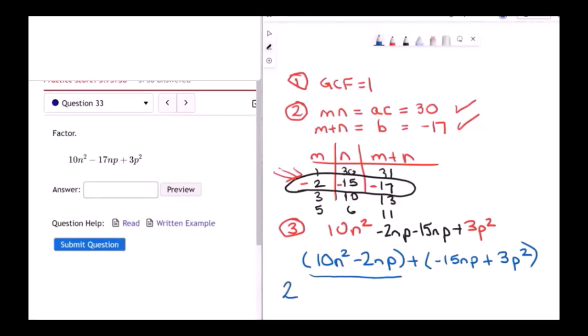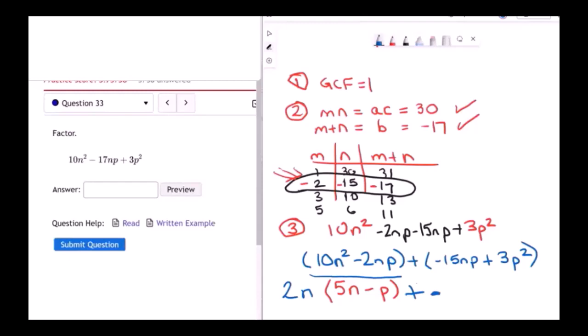Don't forget letters. N. 2n. And then this would be 5n minus p, wouldn't it? Plus, I don't want that negative inside that parentheses as the leading term. So I'm going to factor out the negative.